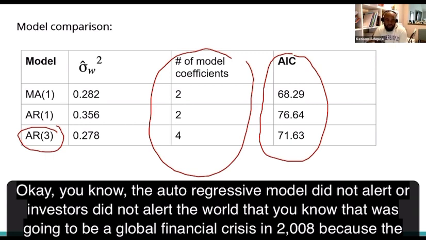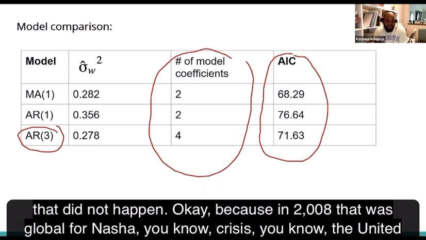But we all know that did not happen. In 2008 there was a global financial crisis. The United States stock firms had a lot of issues, and not only that, even the world, because we used a wrong model.